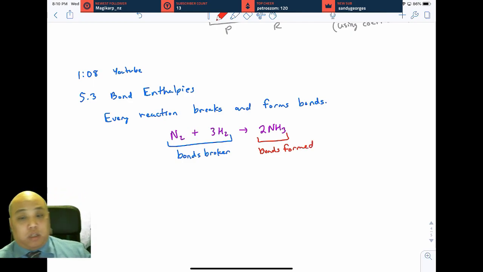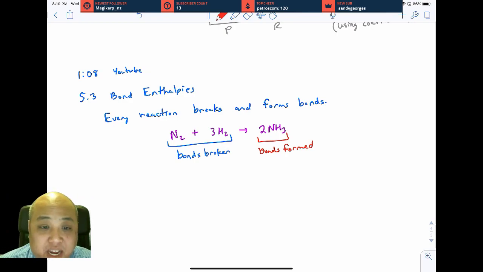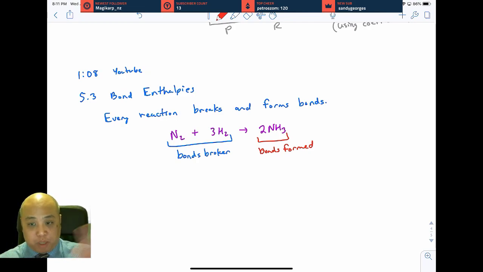And so this is the main concept of using bond enthalpies to calculate the overall reaction, because the sum of those two values of the bonds broken and bonds formed gives you your whole delta H value.